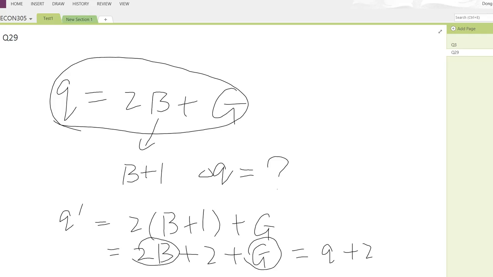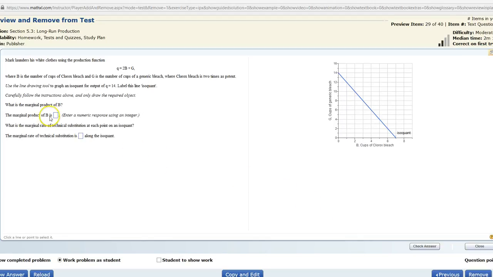If we increase B by 1 unit, Q increases by 2 units. And that's expected because that's simply the coefficient before B. So the marginal product of B is 2.